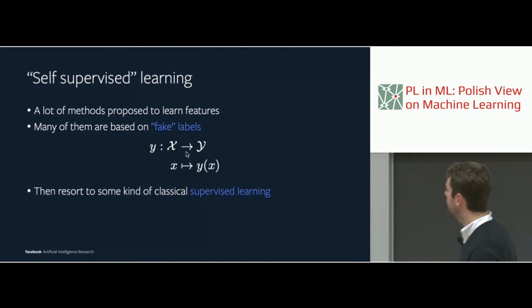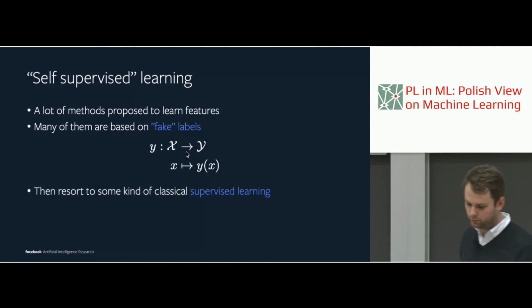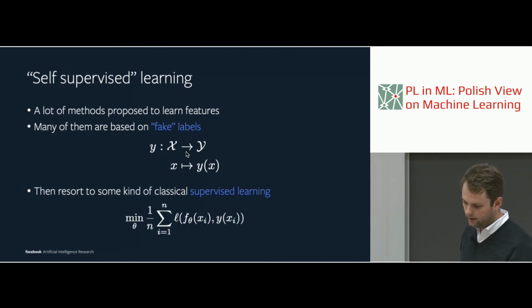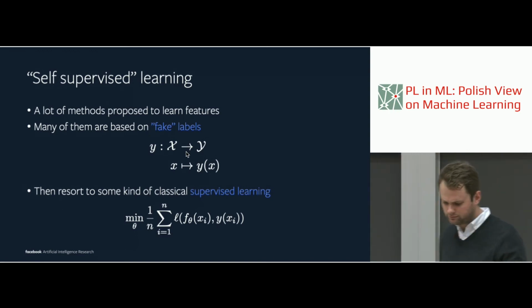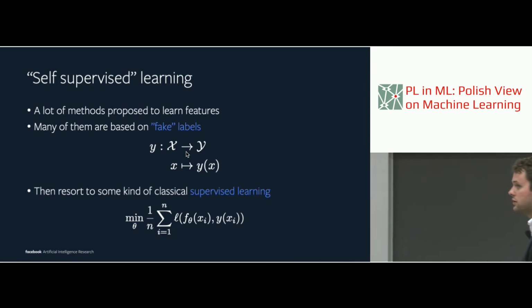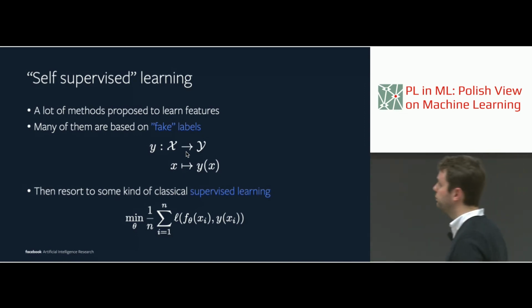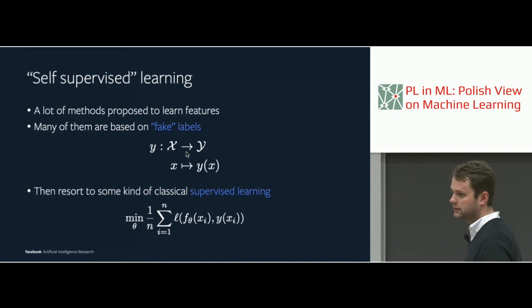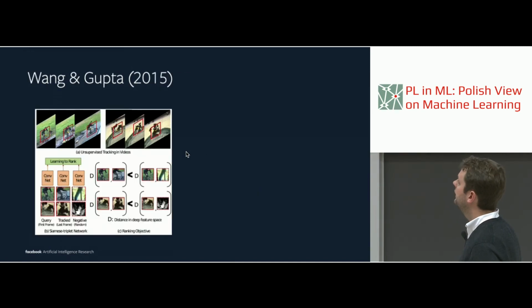You do SGD with these fake labels, and it works. You just minimize these cost functions with SGD. I'm going to review a few self-supervised methods to make these ideas more concrete.